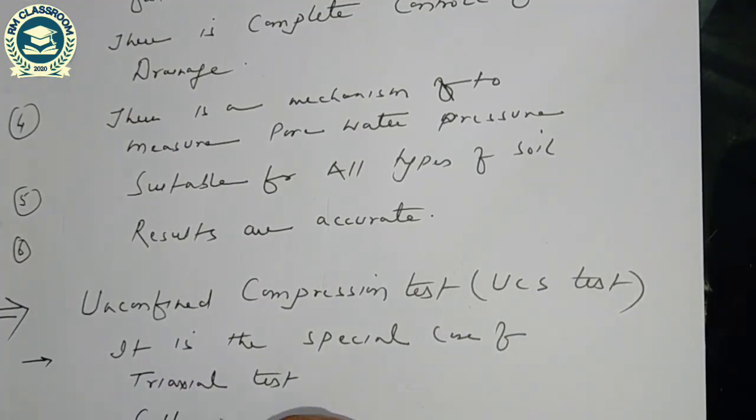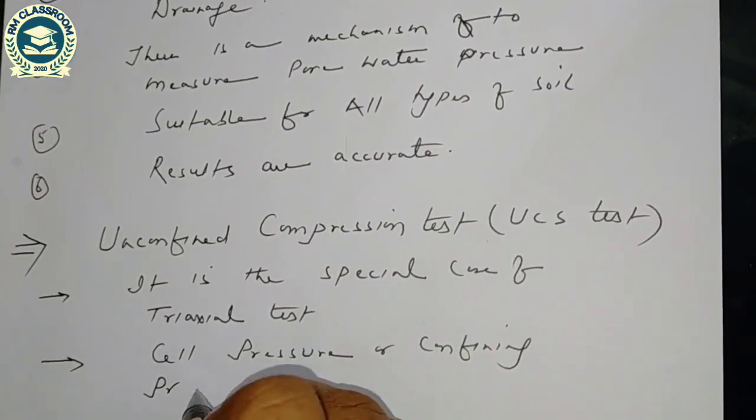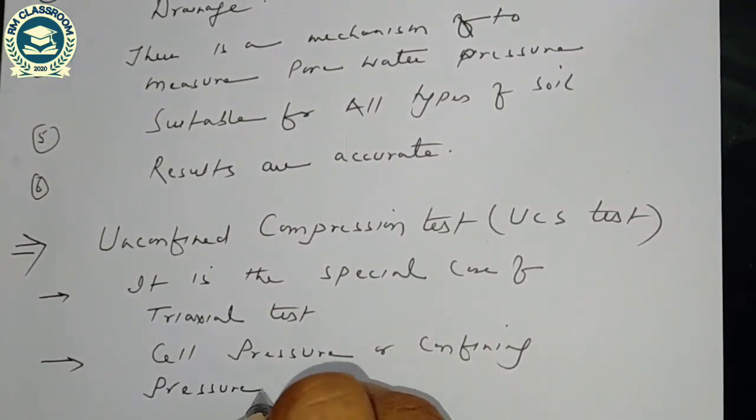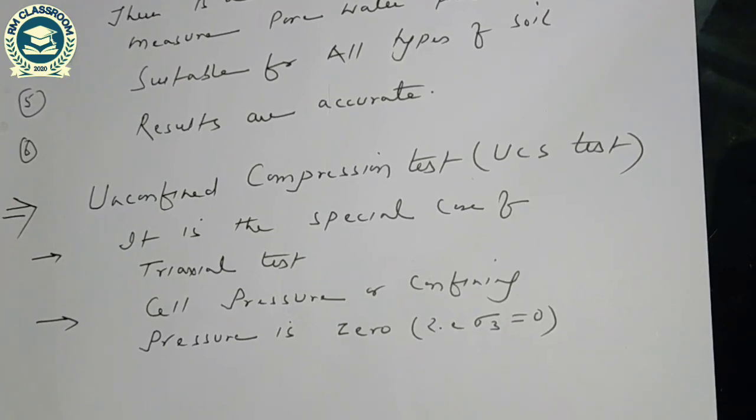Cell pressure or confining pressure is 0. That is sigma 3 is equal to 0. In this test, the saturated sample is subjected to axial loading and a deviator stress at failure is measured.